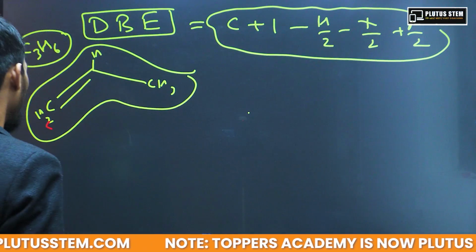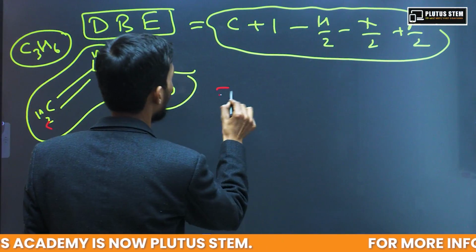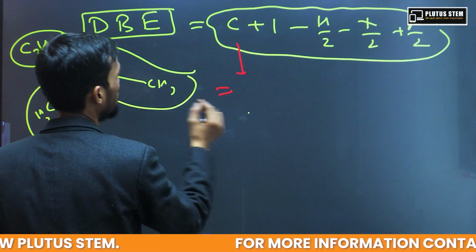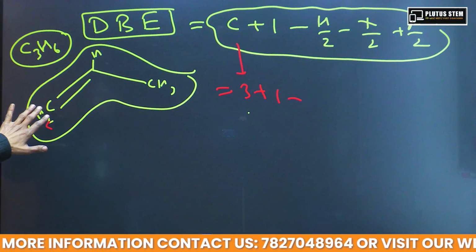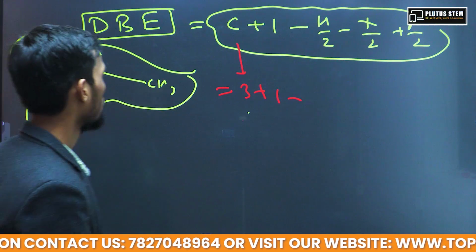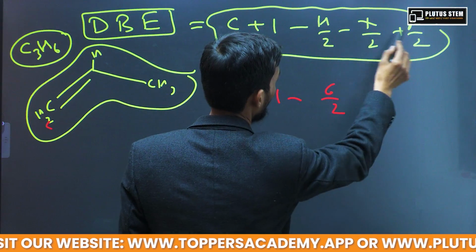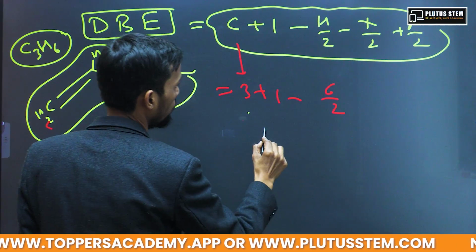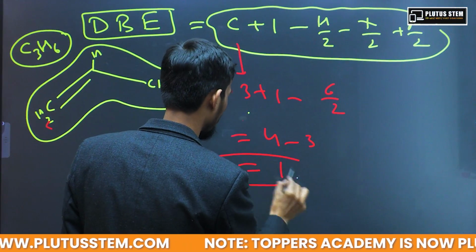Let us find out the DBE of this. How many carbons are there? 3 plus 1 minus how many hydrogens? 6 upon 2, and no halogen and so on. So 4 minus 3, the DBE will be 1.